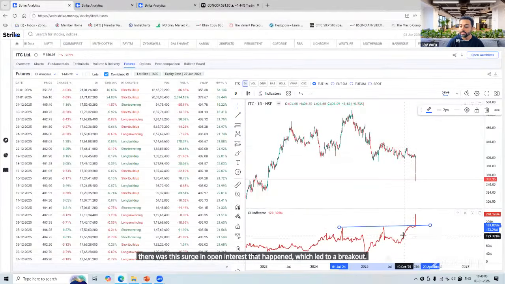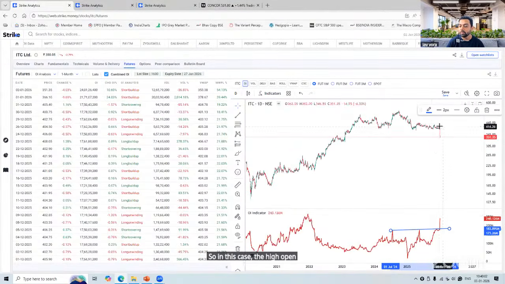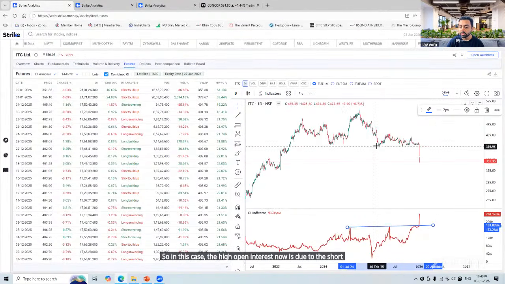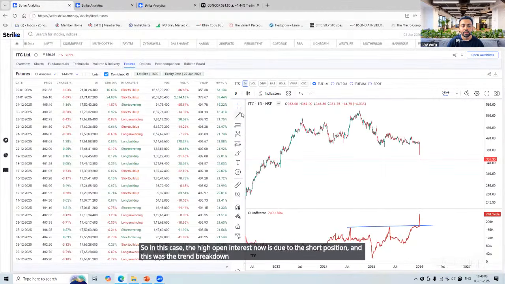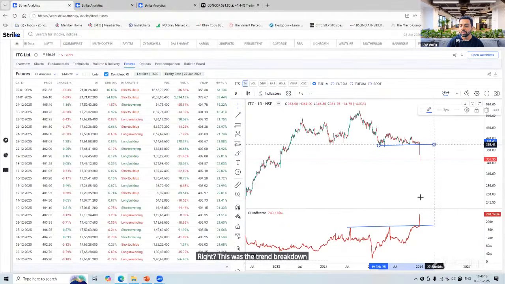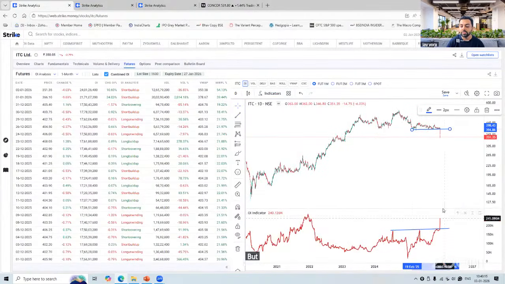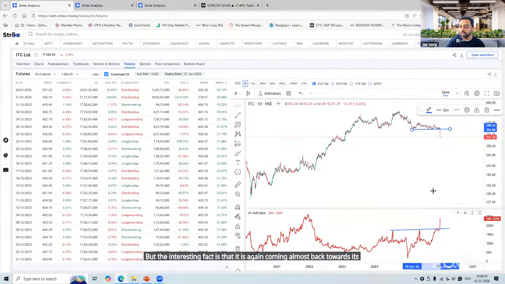So in this case, the high open interest now is due to the short position, and this was the trend breakdown that had happened in ITC, and it just fell apart. But the interesting fact is that it is again coming almost back towards its previous high.